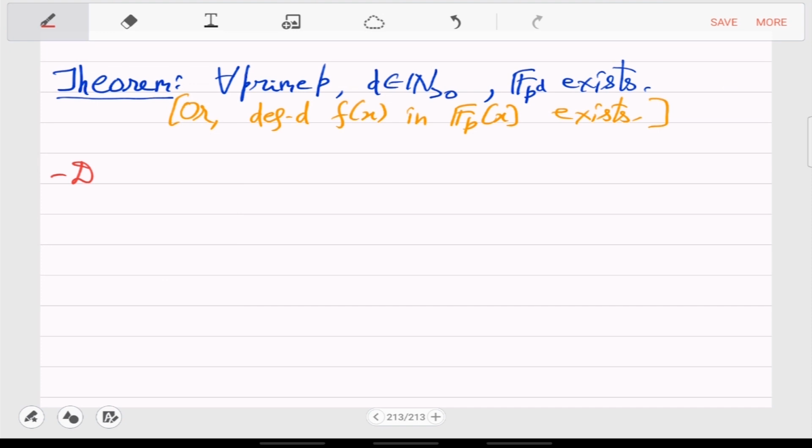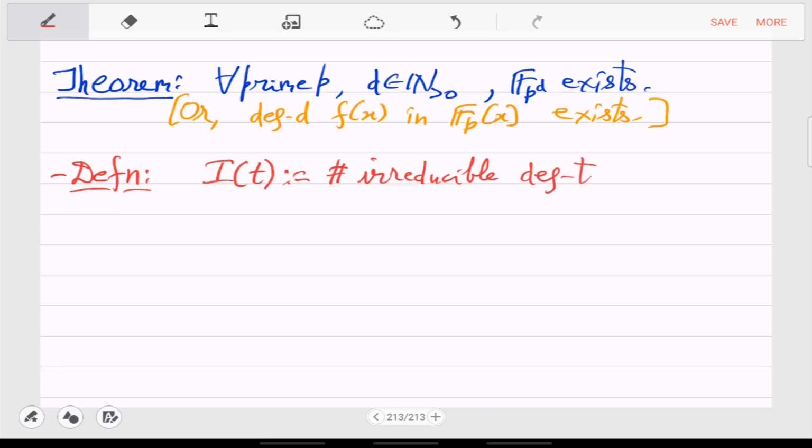So let's define that count. So I of t will be the number of irreducible degree t polynomials in FpX.